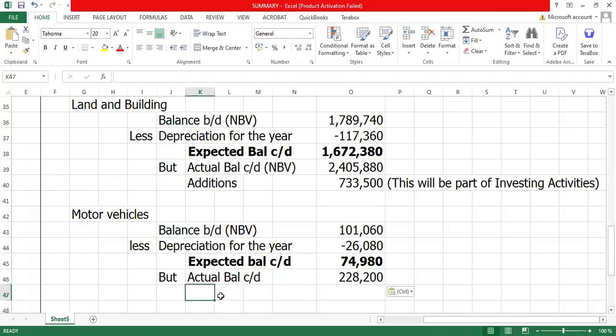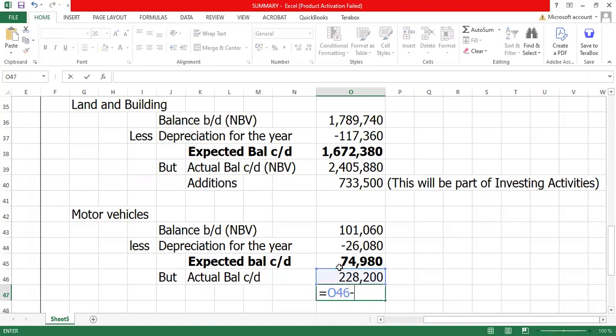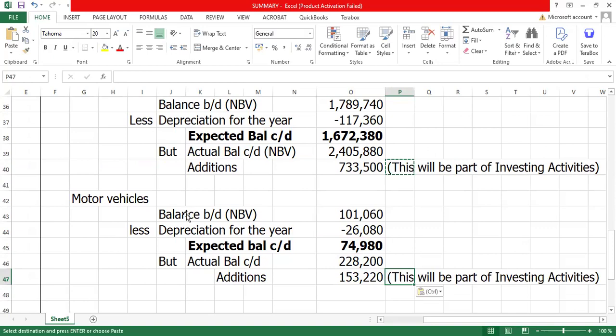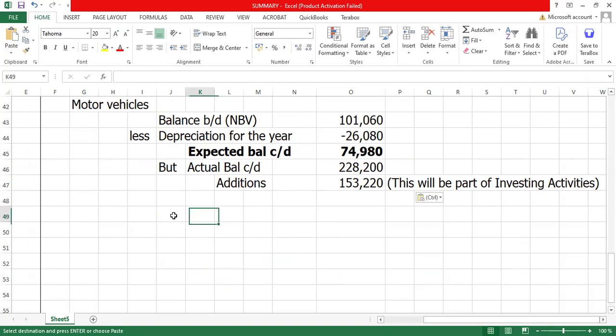So do you have the additions? Yes, the actual is higher than the expected, so you have the additions. These are additions made during the year. And that figure will be part of the investing activity.